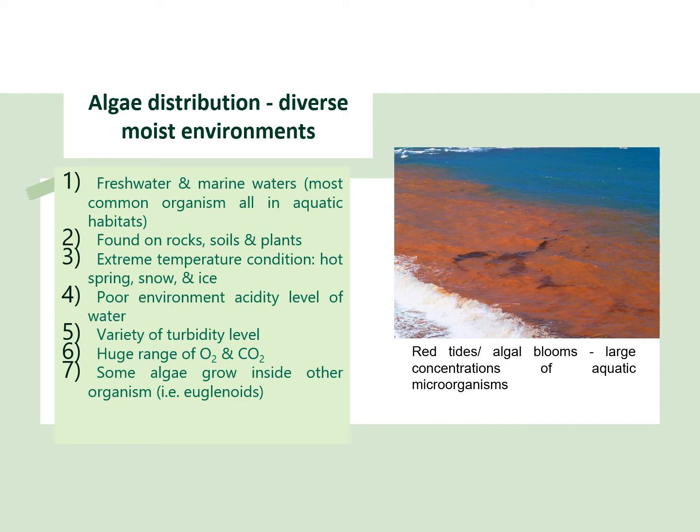Red tides are a common name for algal blooms, which are large concentrations of aquatic microorganisms such as protozoa and unicellular algae. Algae, like other organisms, normally grow in balance with their ecosystem, limited by the amount of nutrients in the water.